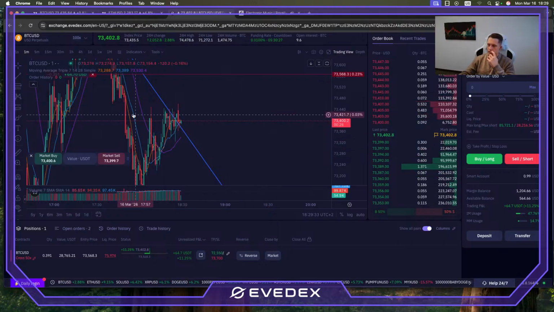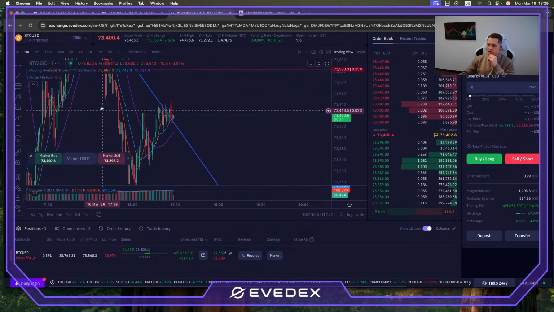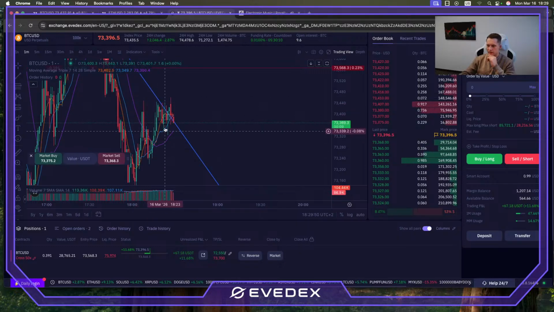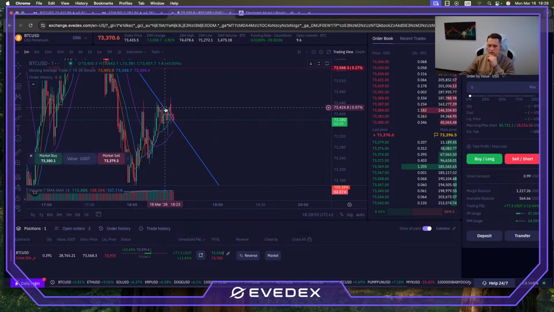So you see here, there is kind of a reversal in the indicators. That shows the momentum has slowed. That's why we've had this up and down move and not much going on.